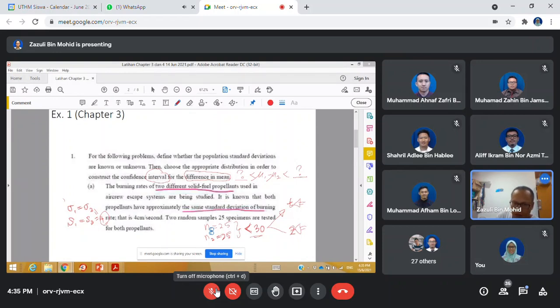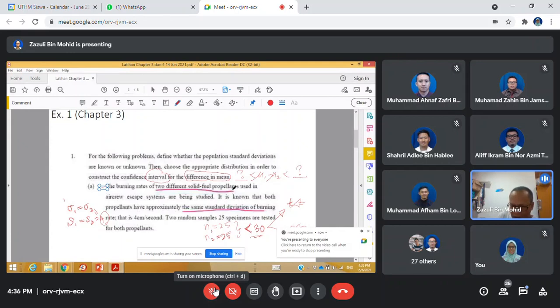Okay. Tengok soalan tu, it says that the two different solid fuel propellants. Okay. It never say two different sample of solid fuel propellants.